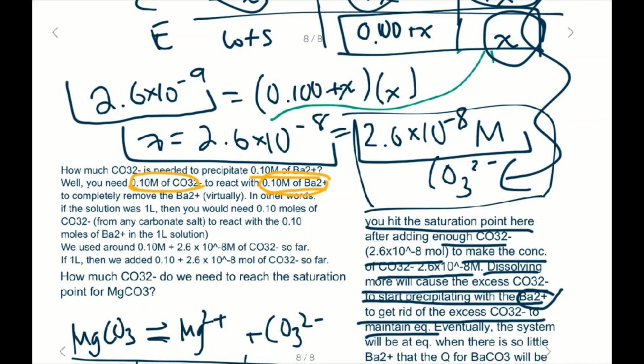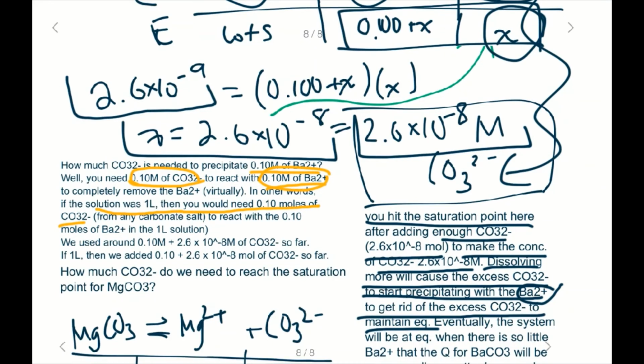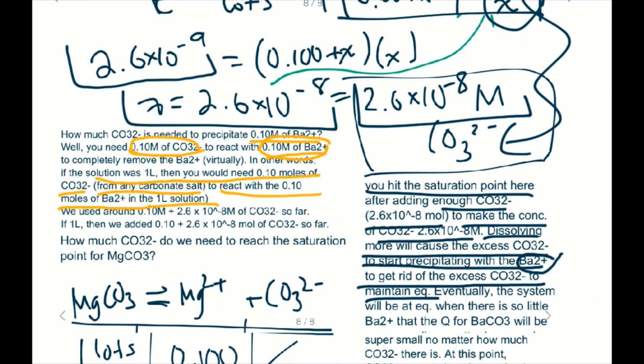So, in other words, if the solution was 1 liter, we would need 0.1 moles of carbonate, which by the way comes from any carbonate salt such as sodium carbonate, and this reacts with a 0.1 molar of barium in the 1 liter solution to form 0.1 moles of precipitate. So we used around 0.1 molar of carbonate plus the 2.6 times 10 to the negative 8 molar of carbonate that we started with so far.